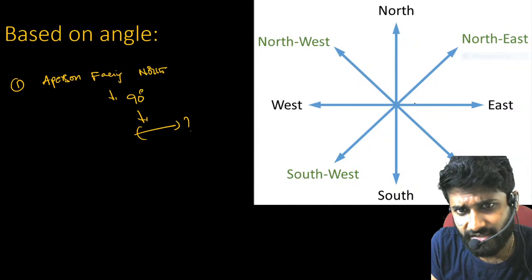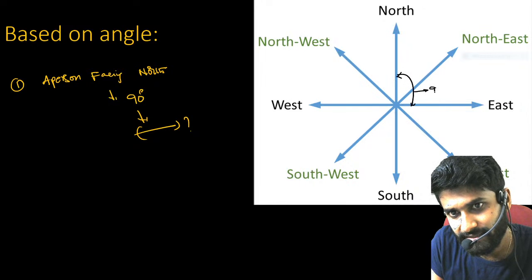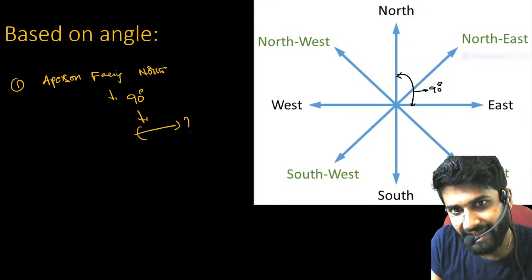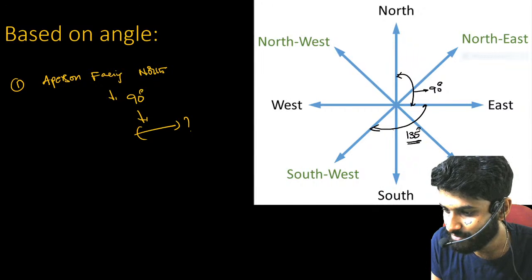The angle between north and east is exactly equal to 90 degrees. The angle between southwest and east is 90 plus 45, exactly equal to 135 degrees. Yeah, this is 135.